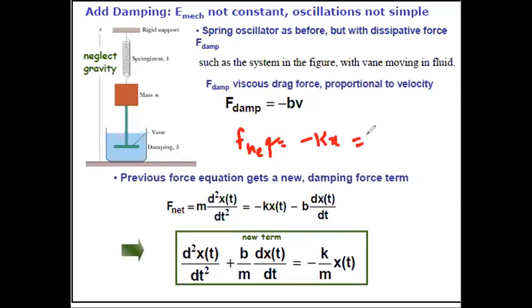Usually it was ma, but now it will be ma plus F damping, or F spring plus F damping. Now this will go this side, this will go this side, so I can have an expression like this, step by step.